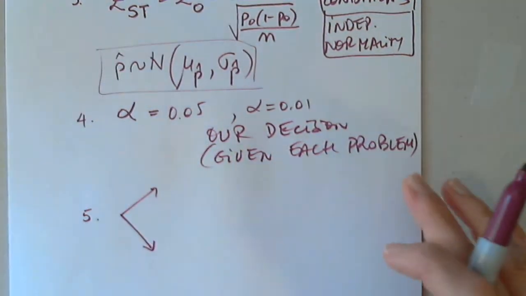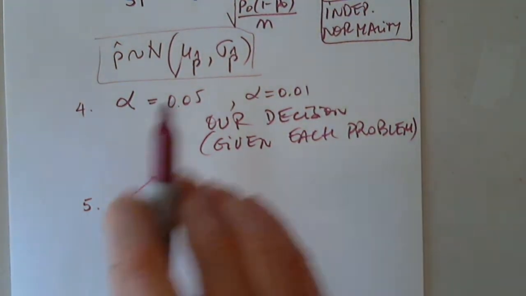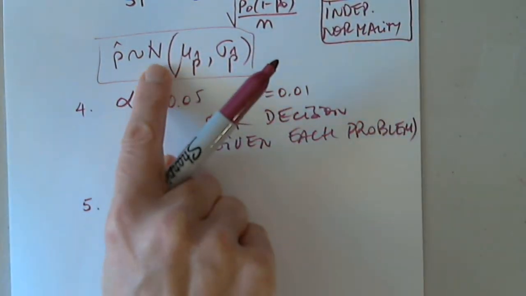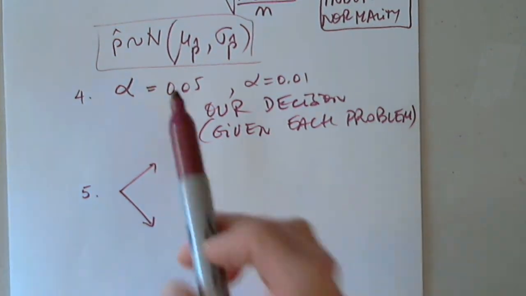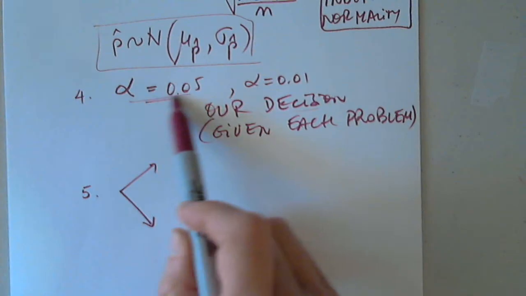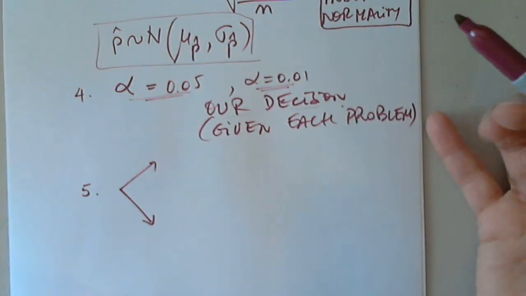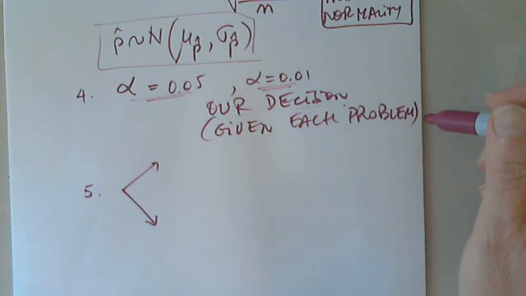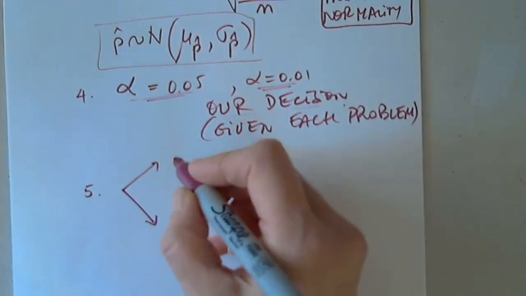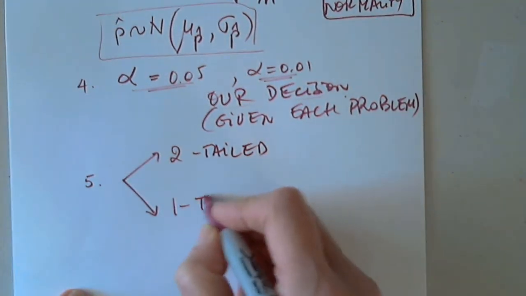We also have cases where the conditions are not fulfilled, and then I cannot assume normality. Then we have our level of significance, alpha. It's the researcher's decision, or is given in each problem. And then we have two possibilities, a two-tailed test and a one-tailed test.